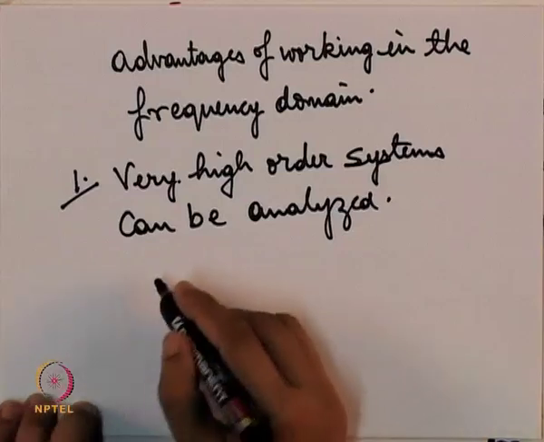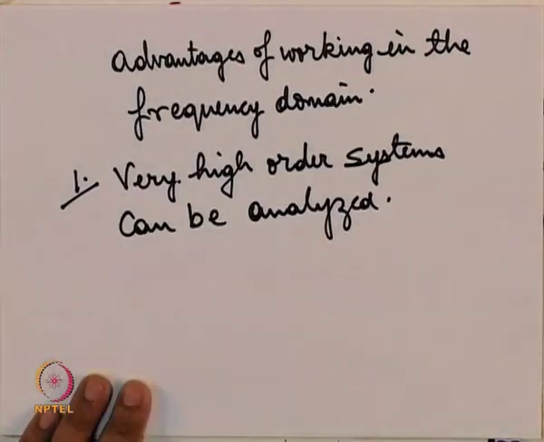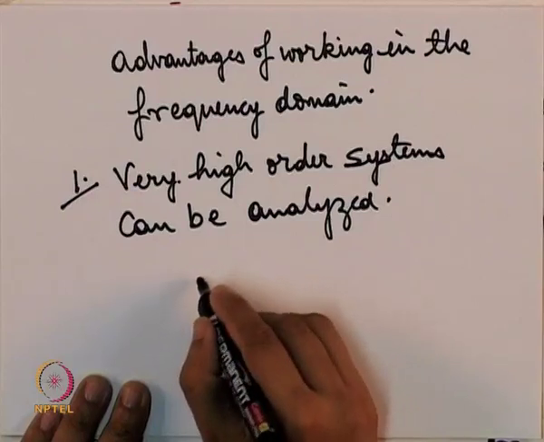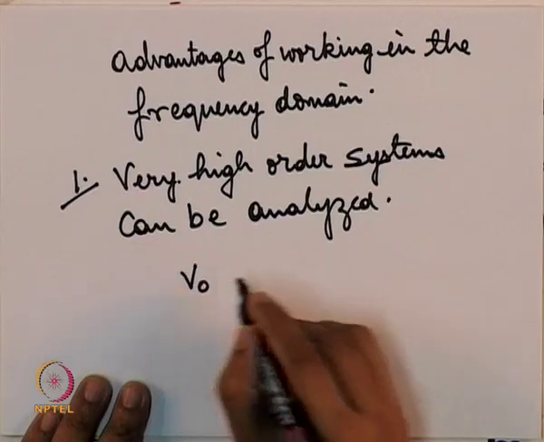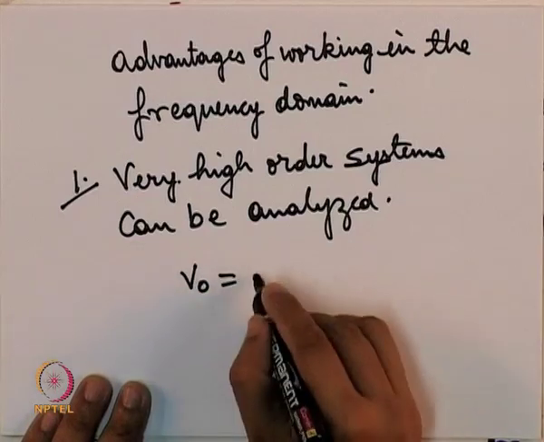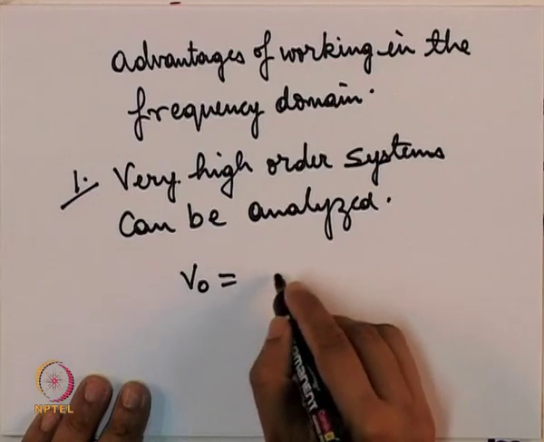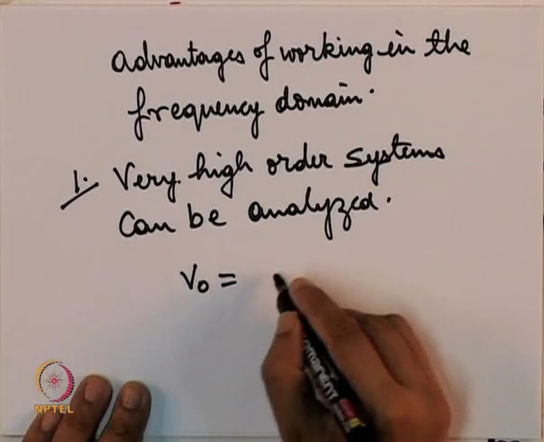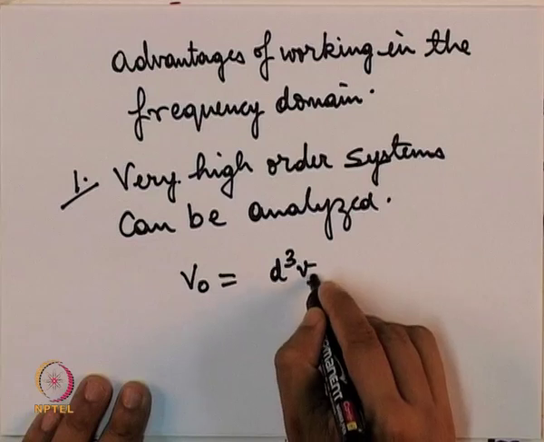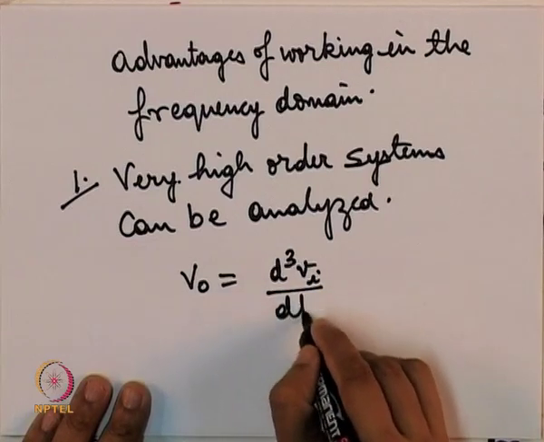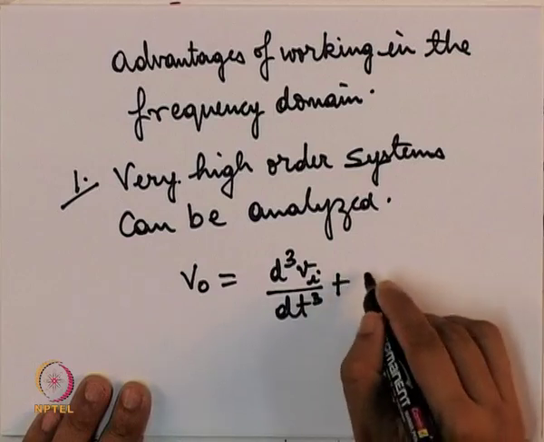High order system, basically the order of a system is that degree of differentiation. For example, say if your Vo represents the output of a system, and say the input, the output is related to the input like this, where Vi is the input.